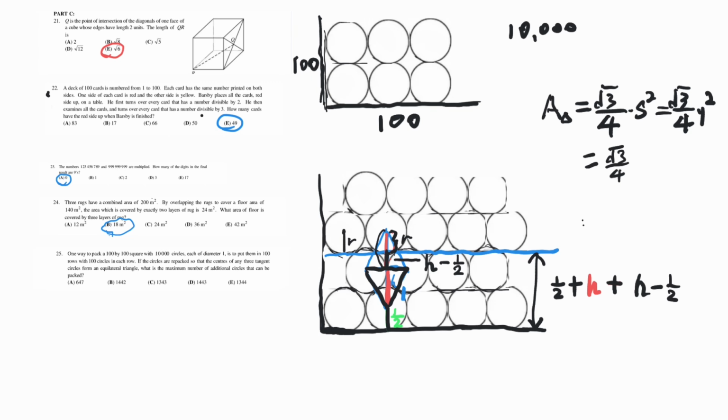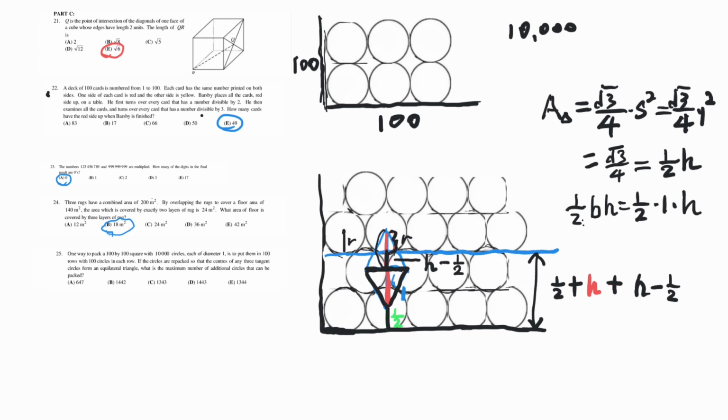We use another formula: the triangle area equals 1/2 times base times height. For this one, the base is 1, the radius is 1/2, and the height is h. So the area also equals 1/2 times h.